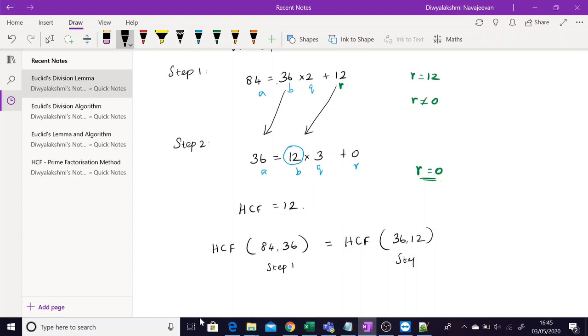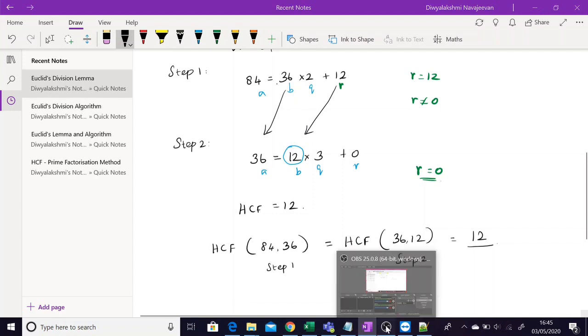In another problem, if we have to do 3 steps until r becomes 0, then the HCF found on step 3 will be the HCF of step 1 and step 2 as well. So this is the interesting phenomenon to note.